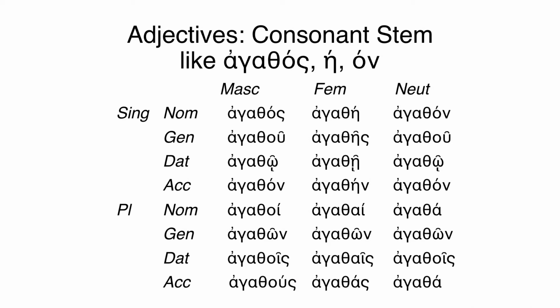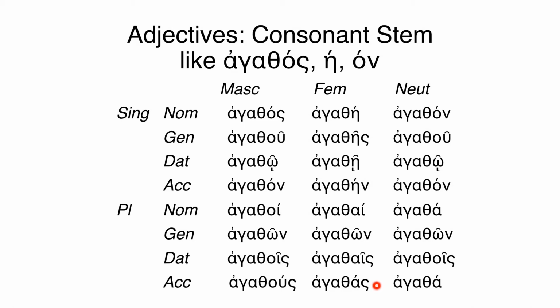The same is true for the feminine. The feminine endings follow the endings of graphi. So we have agathi, agathis, agathi, agathin, agathe, agathon, agathes, and agathas. That's with the modern Greek pronunciation.